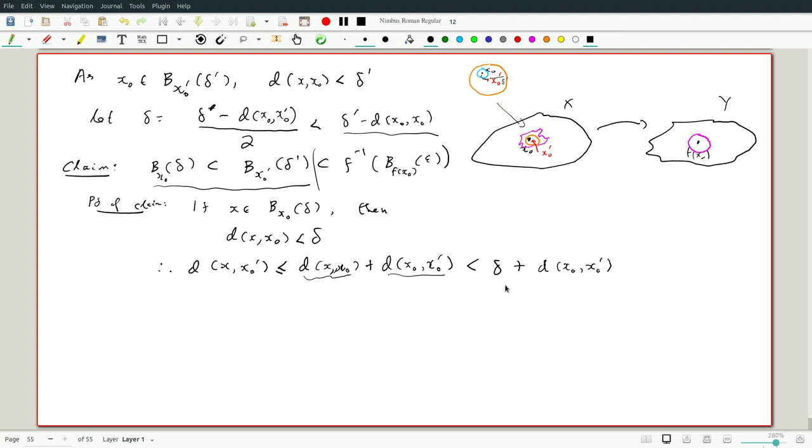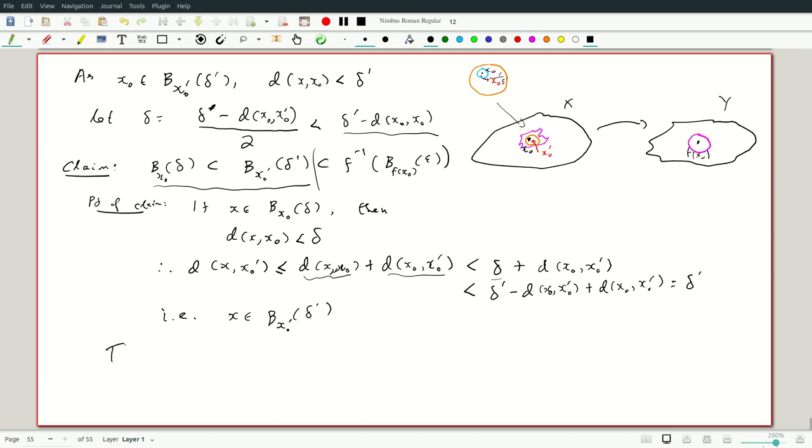Okay, and what we know is that delta is less than delta prime minus the distance between x0 and x0 prime. So altogether the distance between x and x0 prime is less than delta prime. Okay, so that's the claim. That is, x belongs to the ball around x0 prime of radius delta prime.